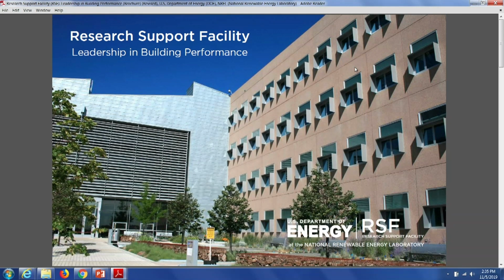So this is actually an office building at the National Renewable Energy Lab. When it was built, it must be close to, I don't know, 8 years old now, it was the largest net zero energy building in the world. And this is one of these things where we could talk about the aesthetics of this building. I think it's reasonably successful.